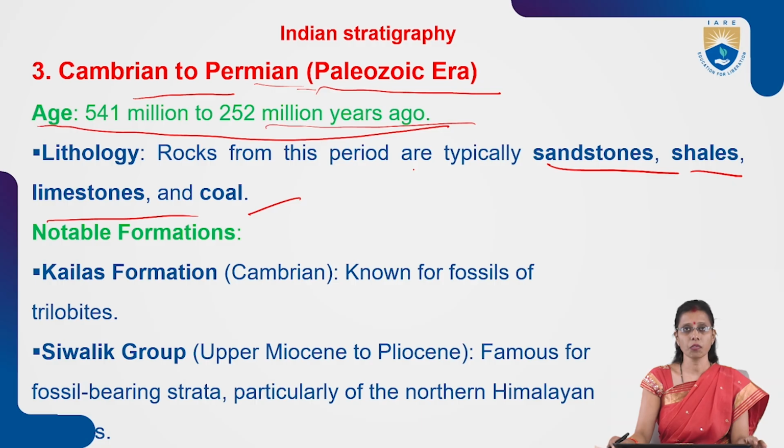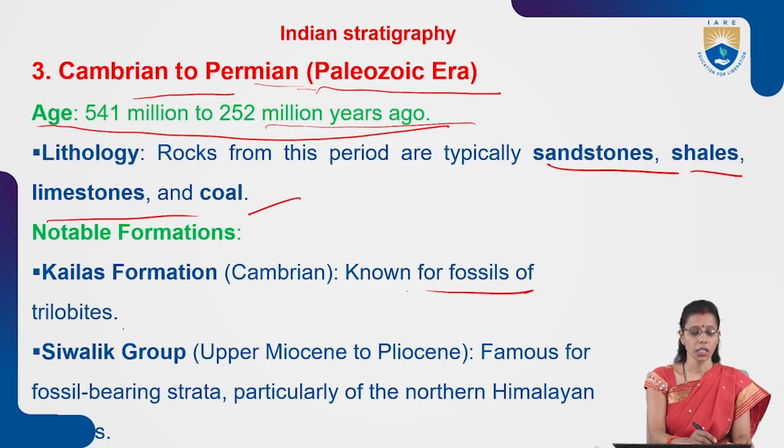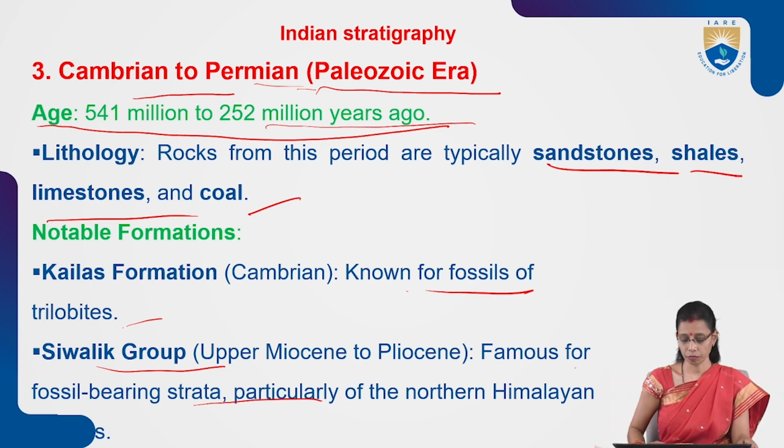These are the types of rocks formed in these ages, and notable formations where this has taken place are the Kailas formation of the Cambrian, known for fossils of trilobites, or the Siwalik group in India, of the Upper Miocene or Pliocene, famous for its fossil-bearing strata, particularly in the northern Himalayan regions.